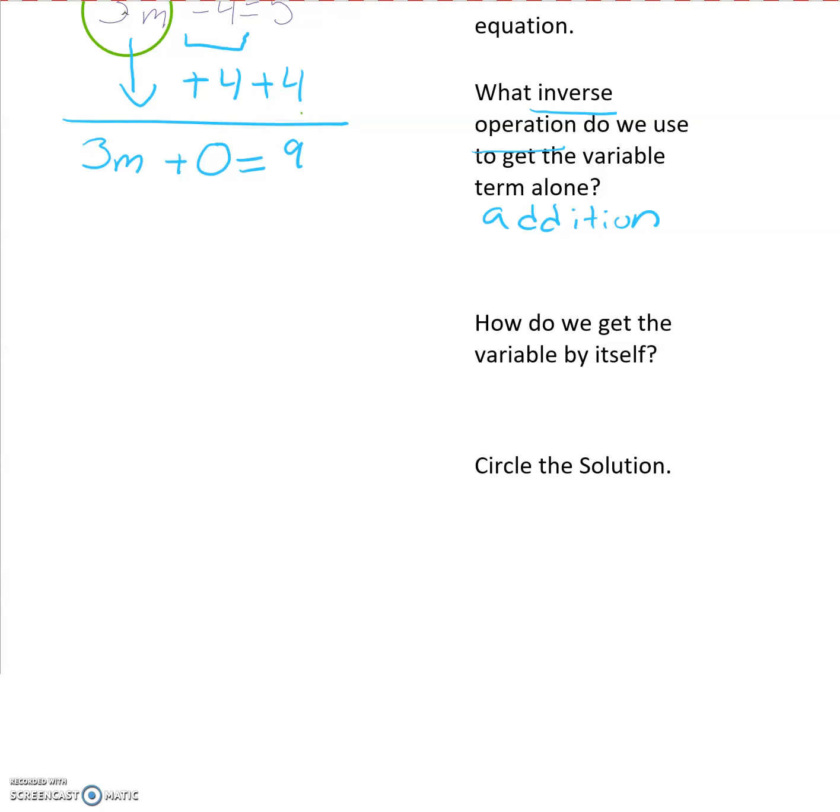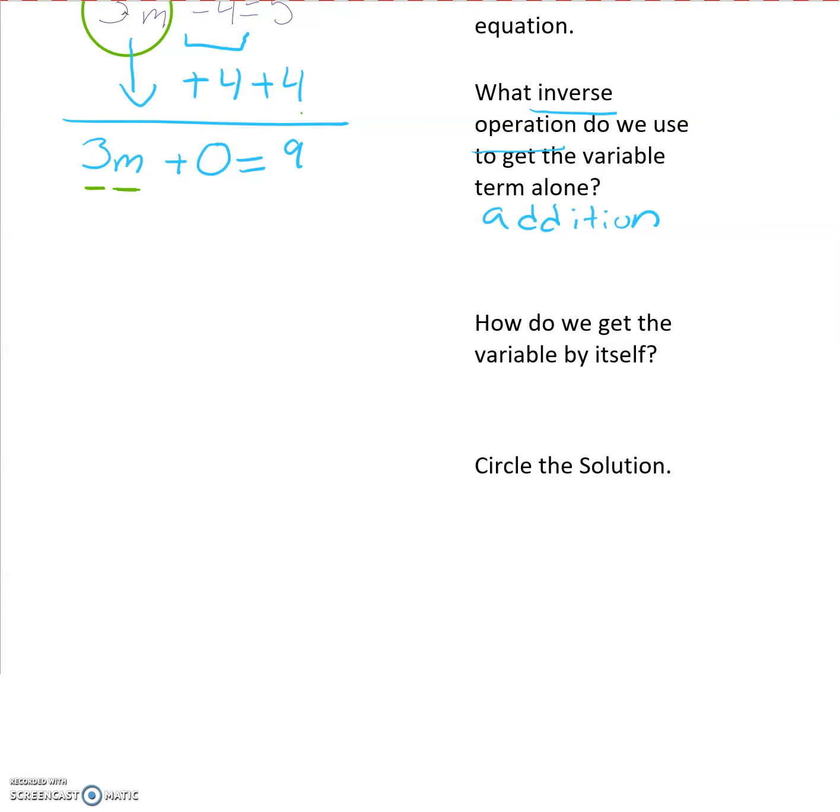Well, what operation does it mean when we have our coefficient, that 3, right next to our variable, that m? There's no symbol, there's no parentheses, there's nothing in between that 3 and the m. So what are we telling that m to do with the 3? We want to multiply those two together, right?